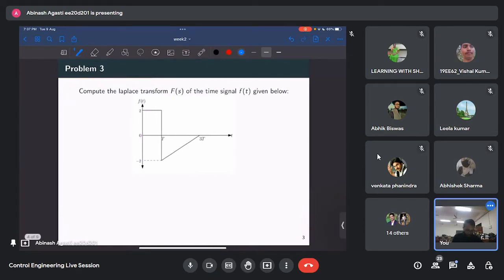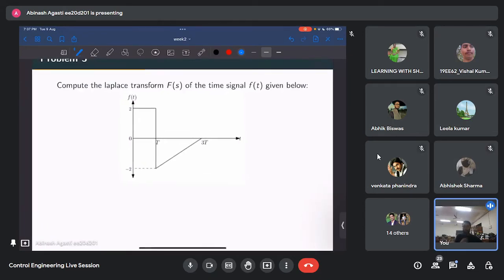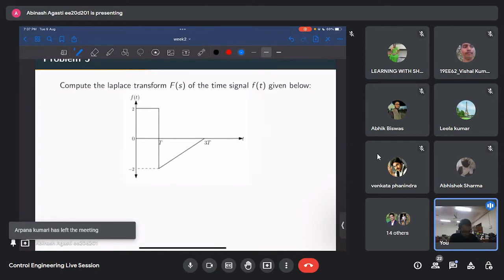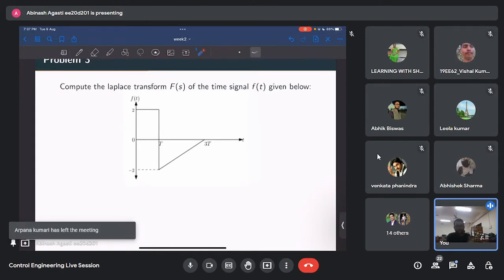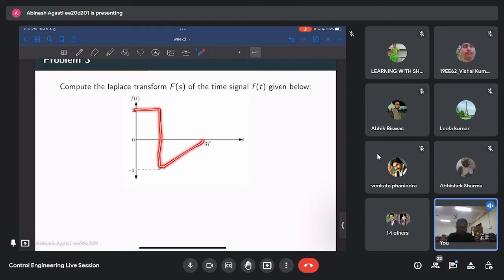Yeah. So this is the next question that we want to find out, the Laplace transform of the given time varying function. So for these questions, the standard approach that we take, this is the given function, right? So this is not in terms of any known functions.